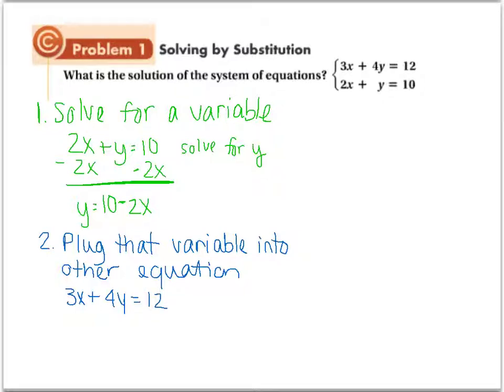So I'm going to plug y in there. 3x plus 4 times 10 minus 2x equals 12. And solve.